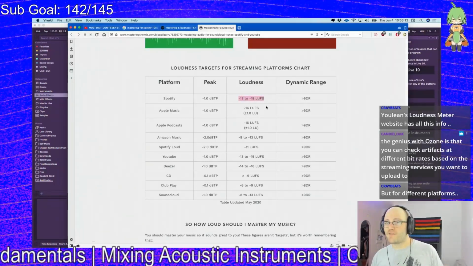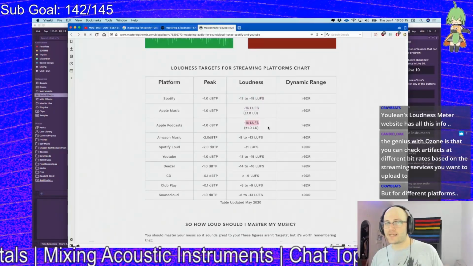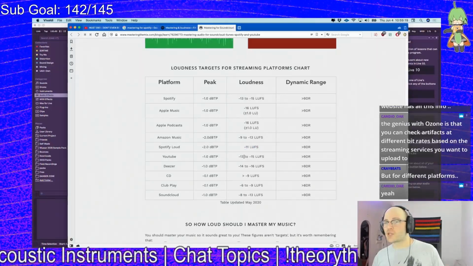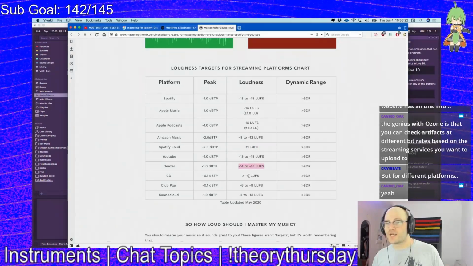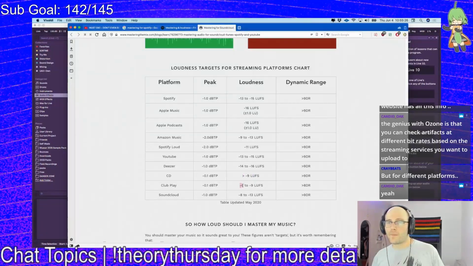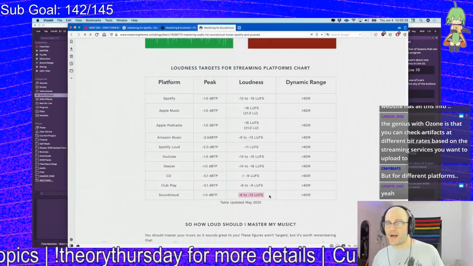Minus 13 to minus 15, minus 16, minus 16, minus 9 to minus 13, minus 11, minus 13 to 15, minus 14 to 16, greater than minus 9, minus 6 to minus 9, minus 8 to minus 13.